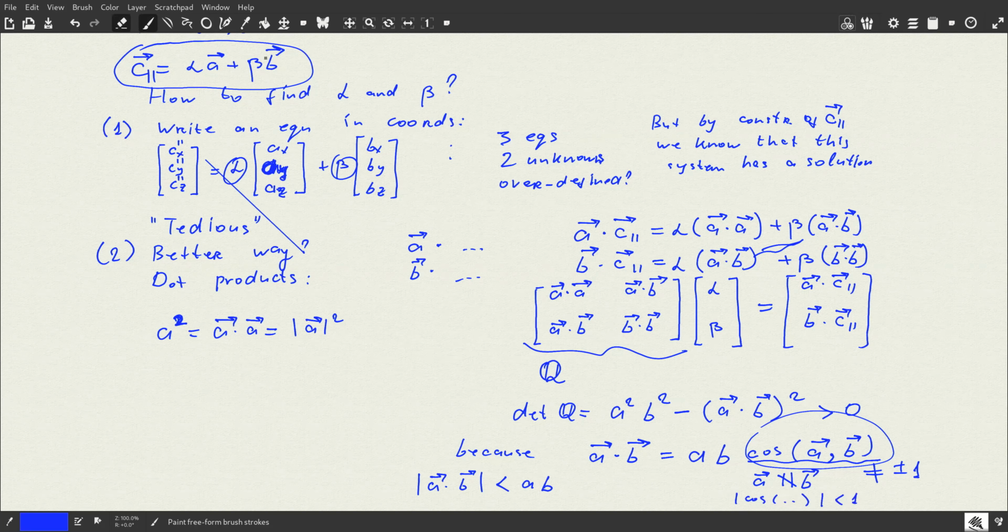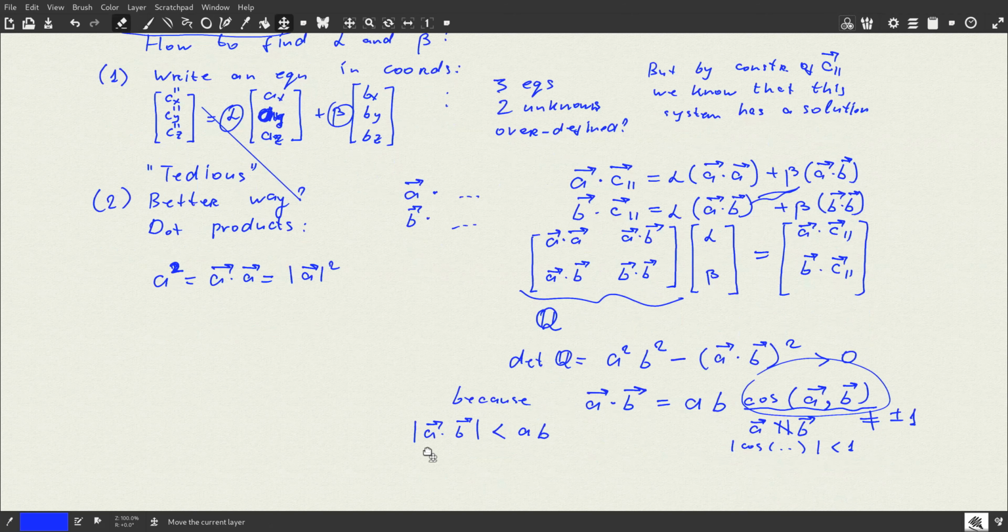And because the absolute value of the cosine is less than 1, from this it follows immediately that AB squared is less than A squared B squared, and therefore the second term is strictly less than the first one, and therefore the determinant of Q is greater than 0 indeed.